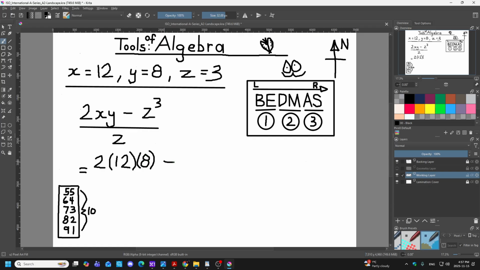Okay, subtract. I'm going to use brackets again. Z is 3. Don't forget your cubed. And I'm going to do this.